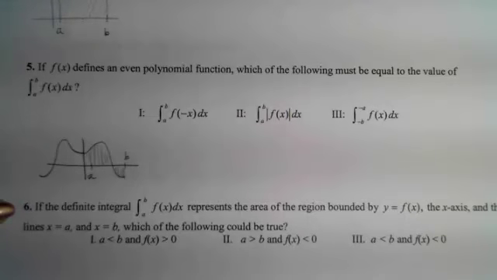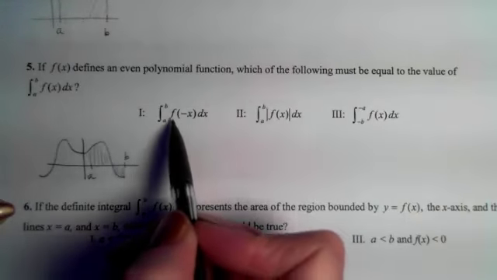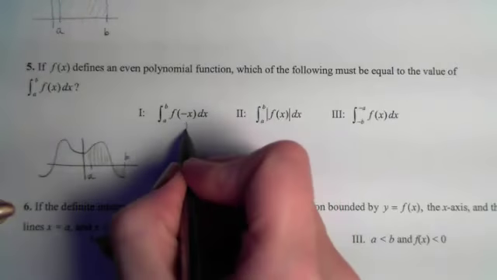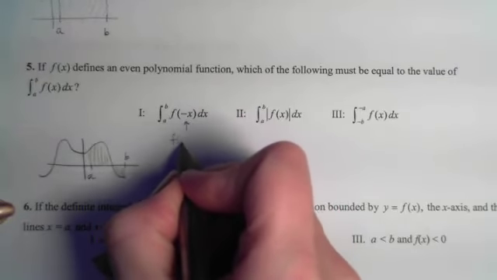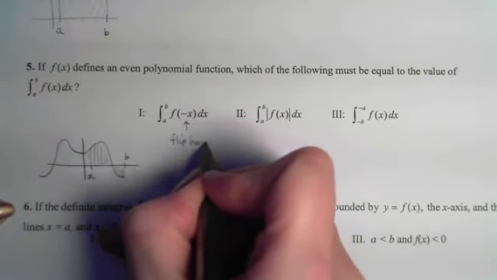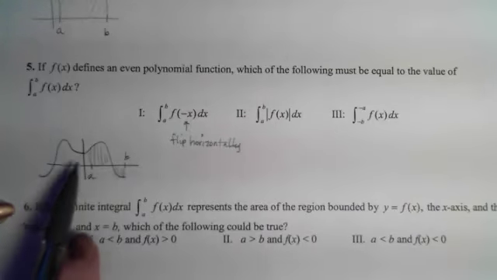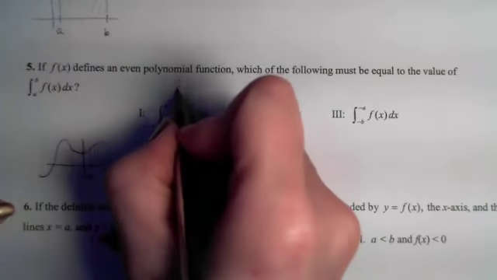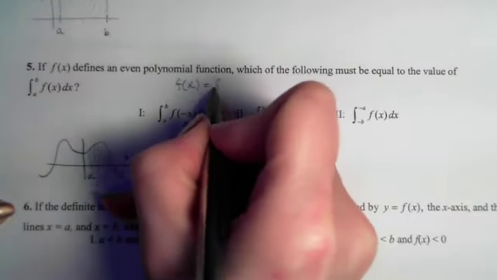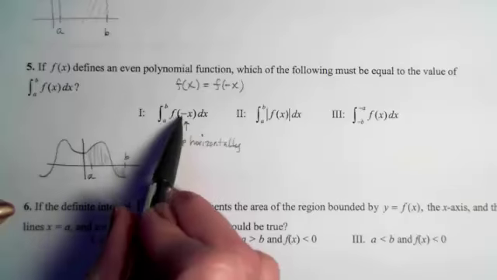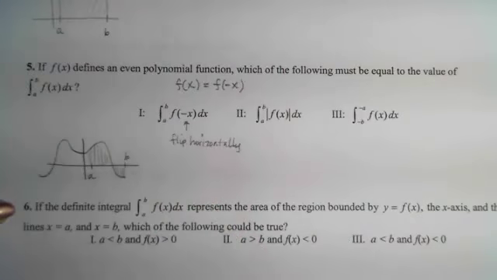Is it going to be the same as the accumulation if I flip the picture horizontally? Well, if I take a function that is even, that means that f of x is the same as f of negative x. So this is indeed exactly the same as that one. So 1 is going to be true.